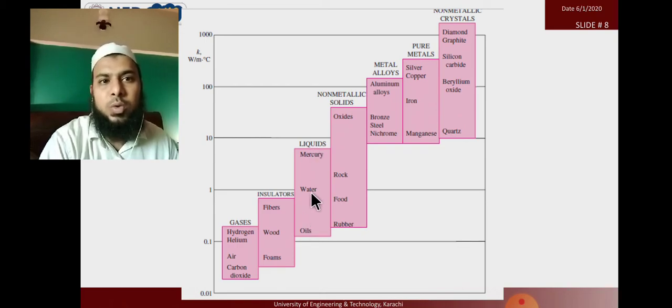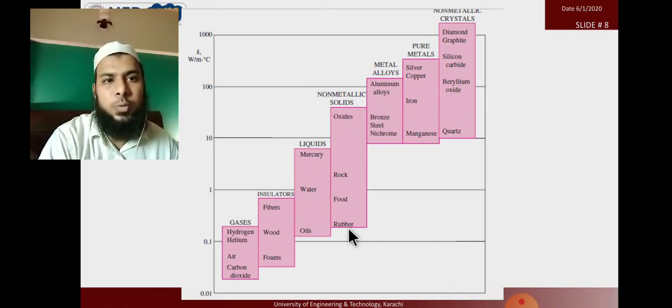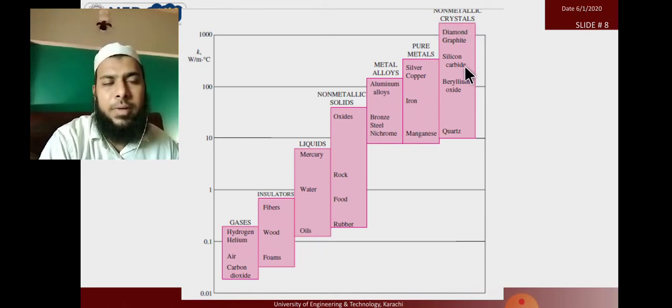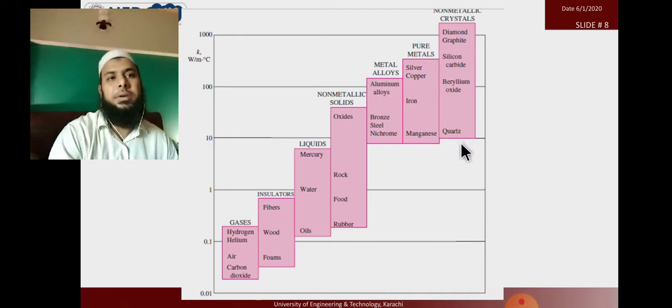So we also use a liquid part to conduct heat, and then after that we have a solid portion, like non-metallic solids, oxides, rocks, foods, rubber, and metal alloys. They have very good thermal conductivity. They conduct electricity as well as heat. Then pure metals, then non-metal crystals like diamond and graphite also conduct heat.